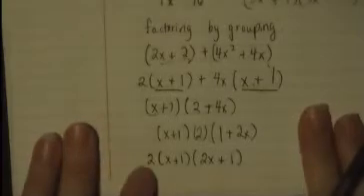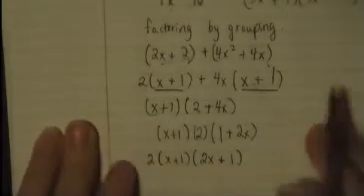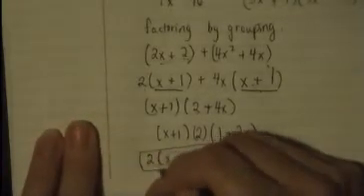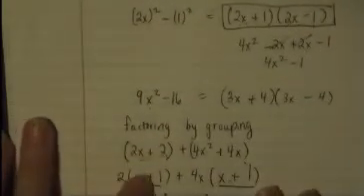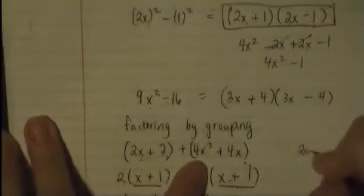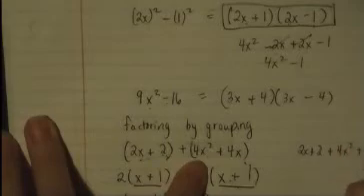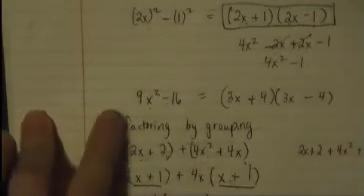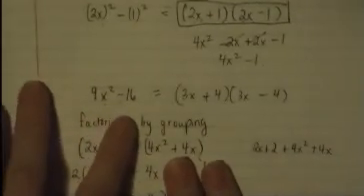And so we get 2 times x plus 1 times 2x plus 1 as our answer for factoring 2x plus 2 plus 4x squared plus 4x. Here we are. That was our original.